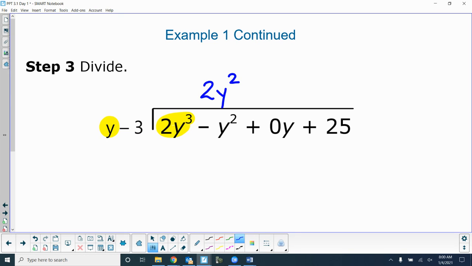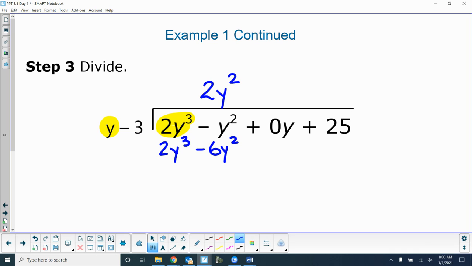Okay. Now what do I do with this 2y squared? I multiply it by both of those. So 2y squared times 2y is 2y cubed. And 2y squared times negative 3 is negative 6y squared. See how things are lining up right now? Okay.